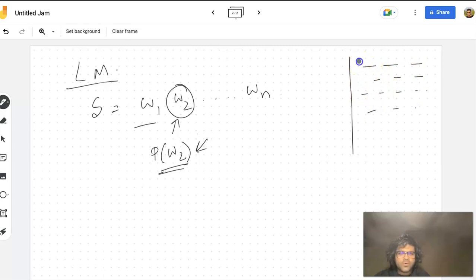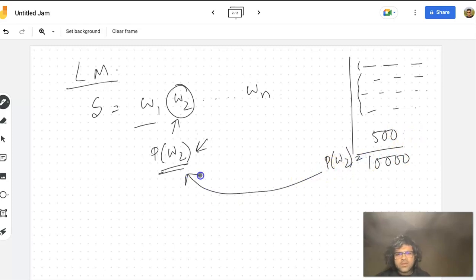If you go through each of them, you will study the probability of each word. Suppose w2 appears in the whole corpus 500 times, and the total corpus vocabulary is maybe 10,000. Then you will get the probability of w2 without seeing any of the context.